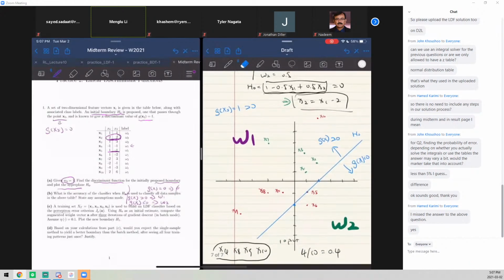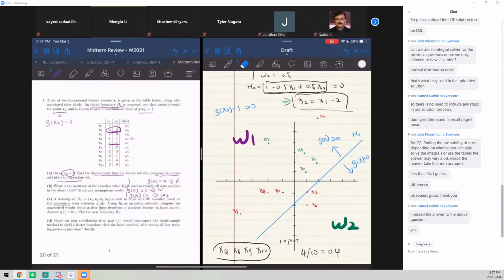Just because I drew the graph, I used the graph to see whether it's correct. And all this accuracy is based on my assumption. If I assumed that when the value of the g function is larger than 0 I classify as class 2, all the results would be different.